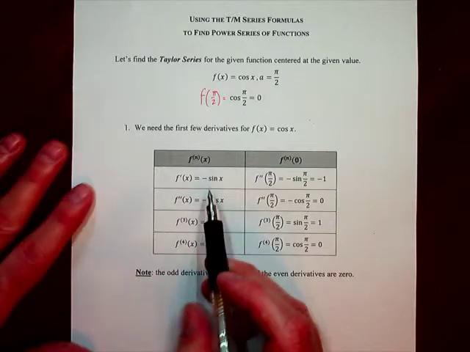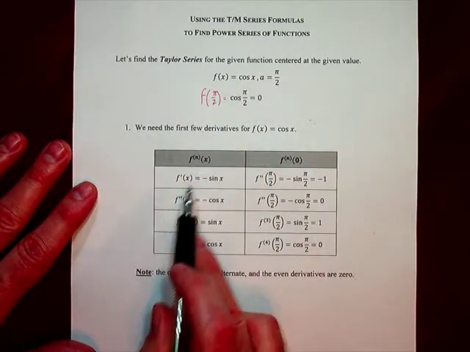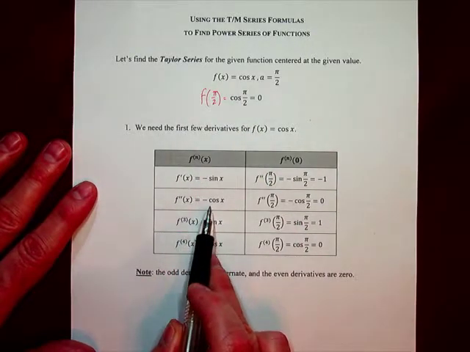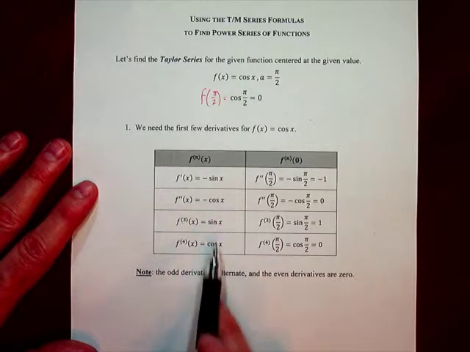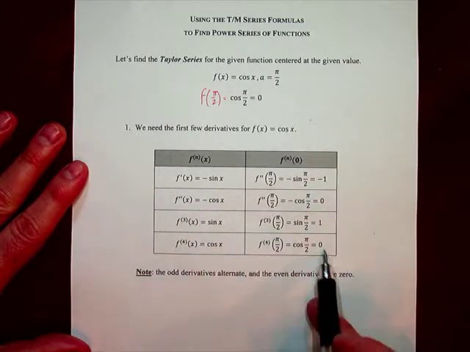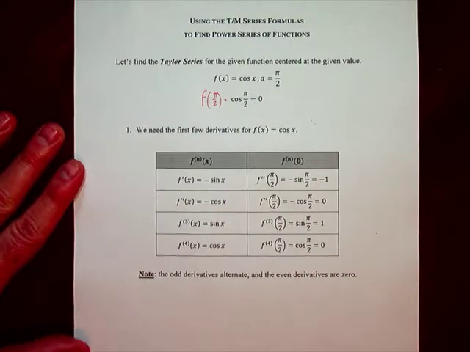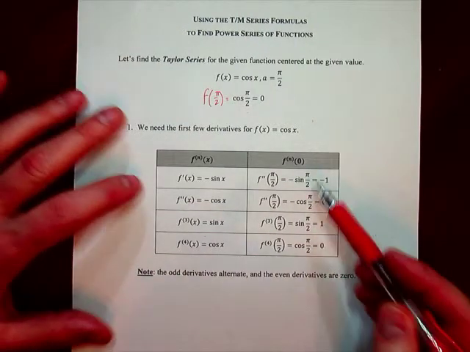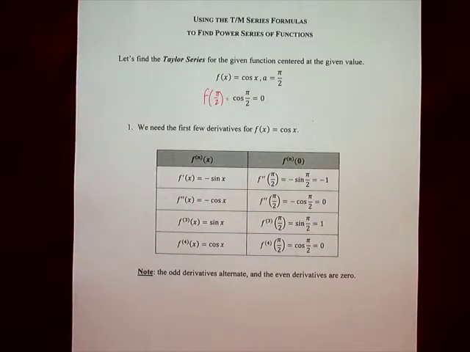Basically you take the derivative of cosine, you get negative sine, then you take that derivative, get negative cosine, get sine and cosine, and the cycle starts all over again. And over here we have the function values of those successive derivatives evaluated at pi over 2.